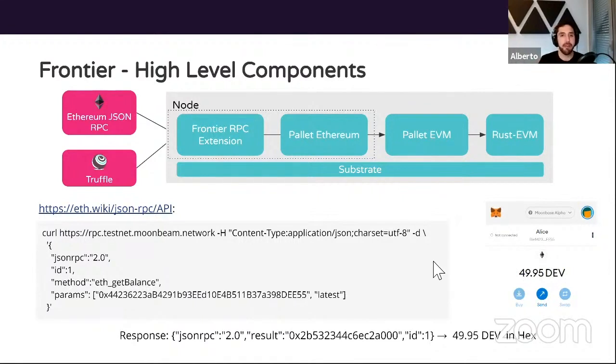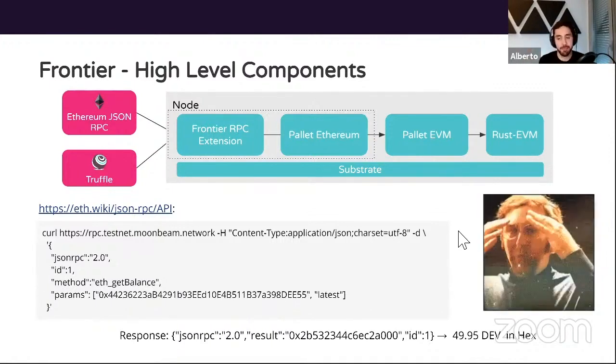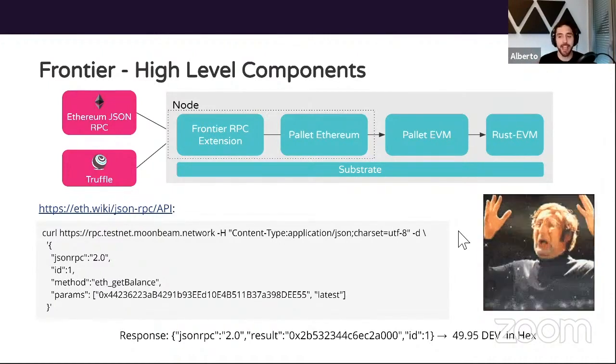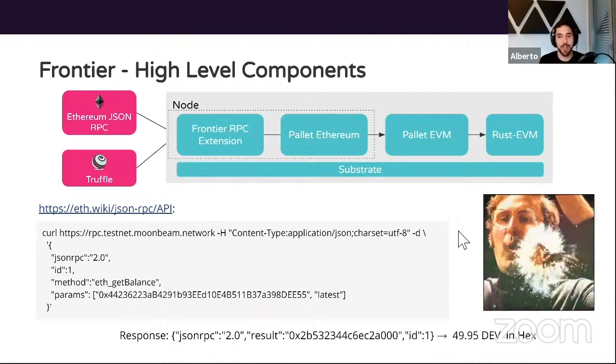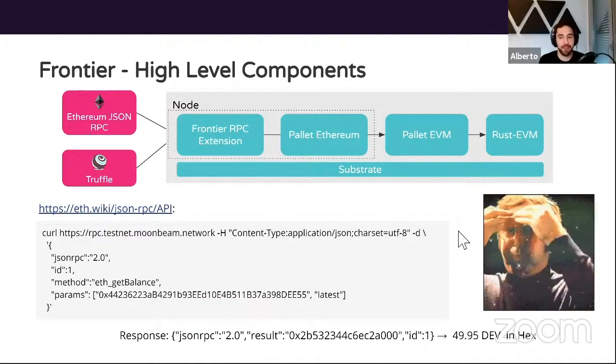So this is basically Frontier doing its magic to provide you the same response that you would get against an Ethereum node. And when I learned this months ago, I was truly mind blown. The experience is exactly the same. As we go with the demo, you will see that it's very frictionless. I can do a demo for you, and if I don't tell you that I'm on Moonbeam, you might not even notice.